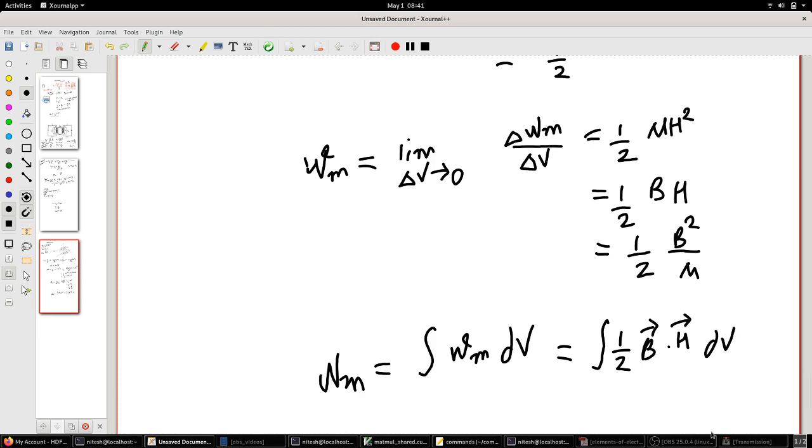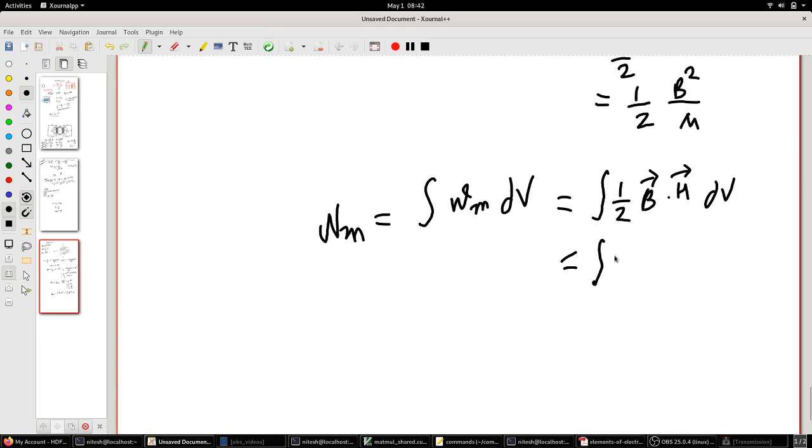This is what I'll get, the integral of half mu H square dV. So this is the expression for energy in a magnetostatic field.